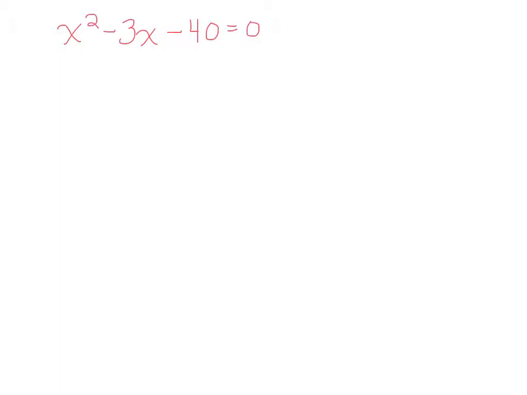And now at this point we need to factor and solve. Two numbers that multiply together to give me negative 40 but add up to give me negative 3.